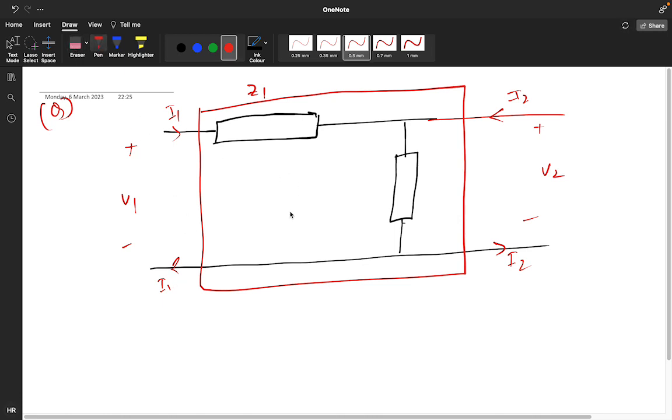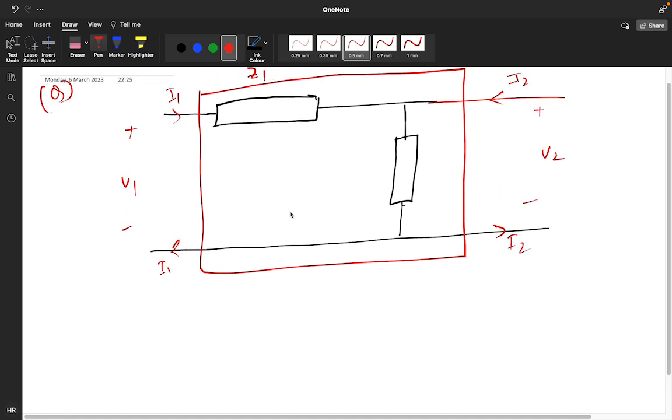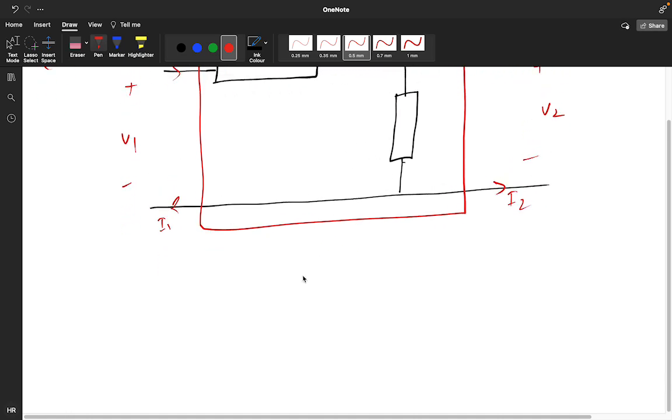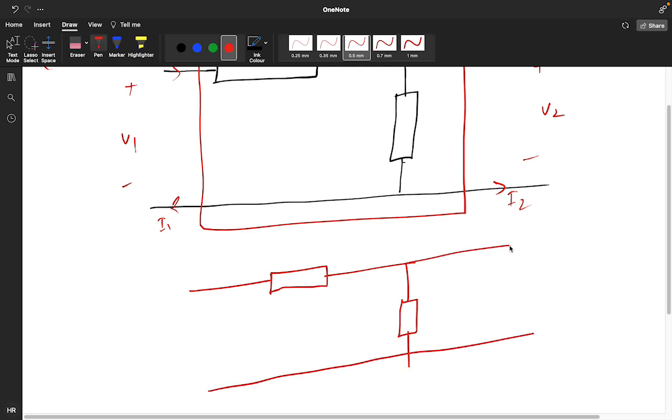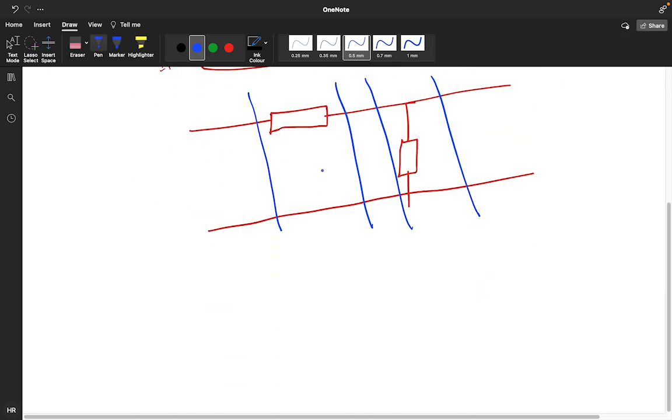You can divide this two-port network into two parts, like this. You can divide this two-port network in two separate parts. So you have two cascaded connections.